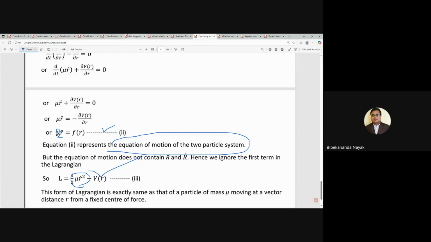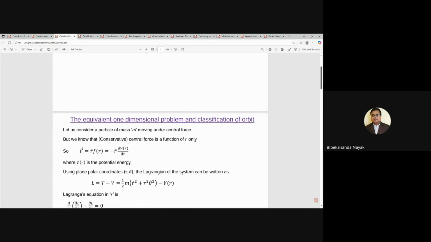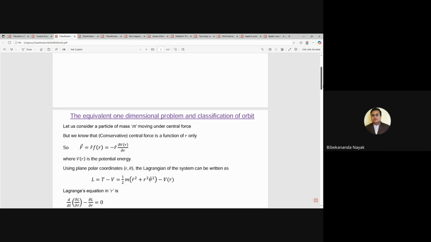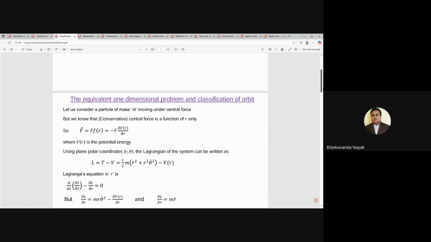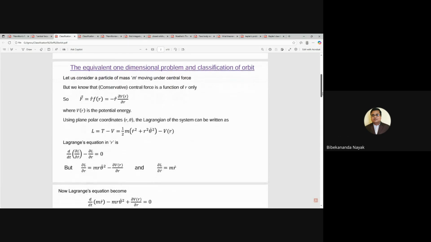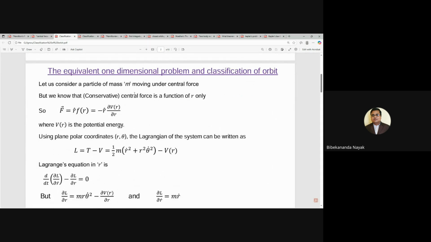Next we go for classification of orbit. If a mass is moving under a central force, we know force is equal to F(r).